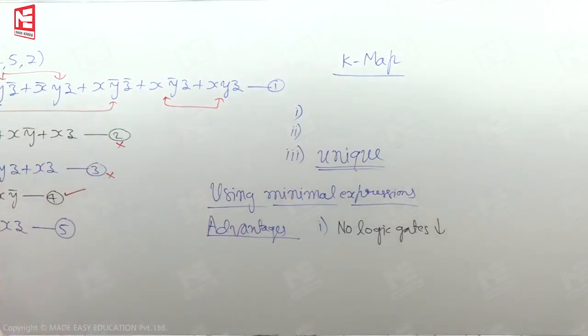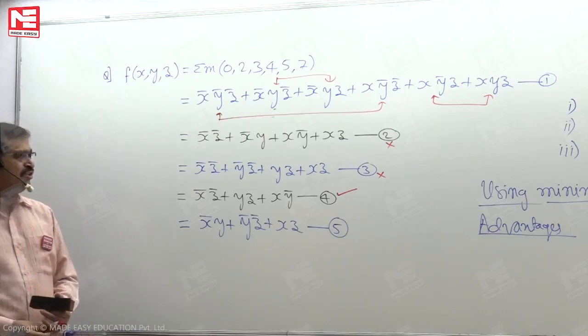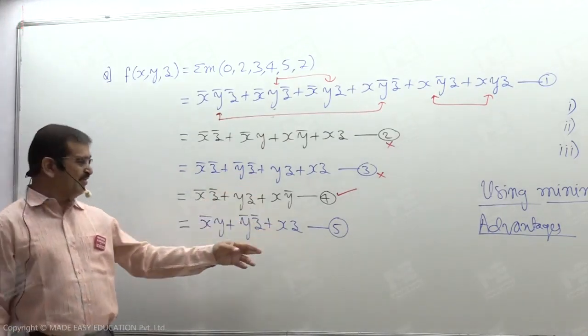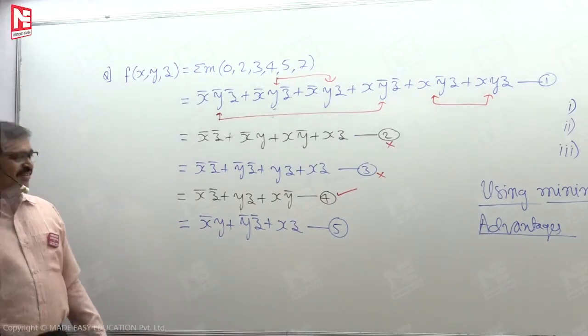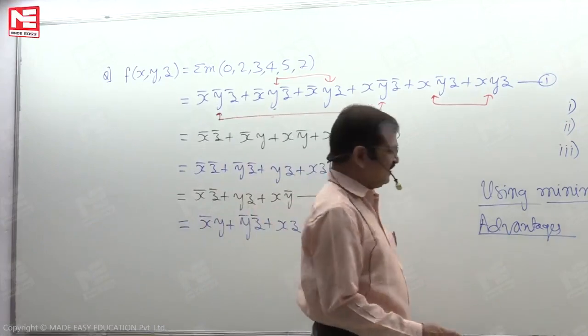In this example, if we use equation 2 or equation 3, we need 4 gates, as I explained already, whereas if we use equation 4 or 5, we need only 3. So, straightforwardly, the number of logic gates is less.